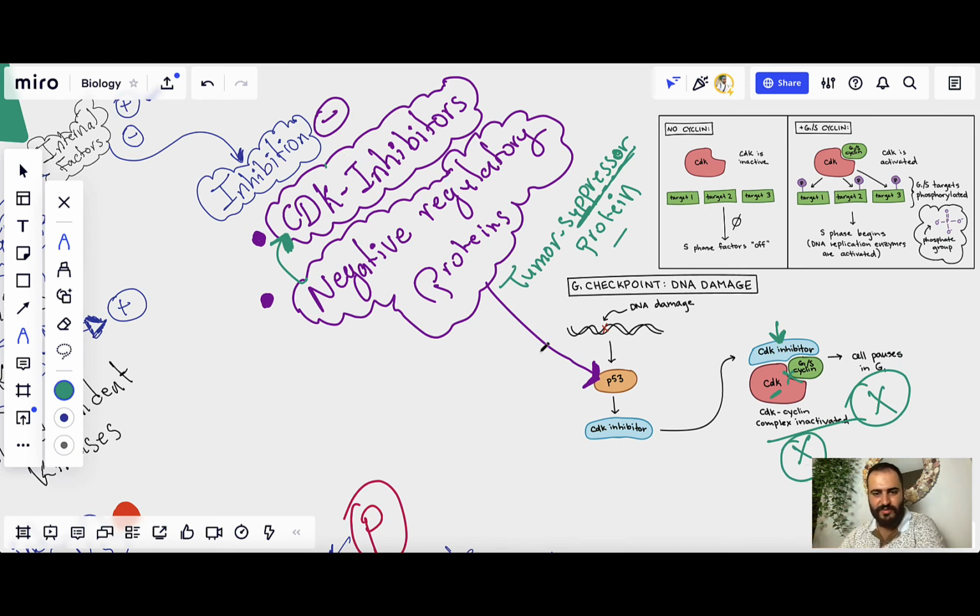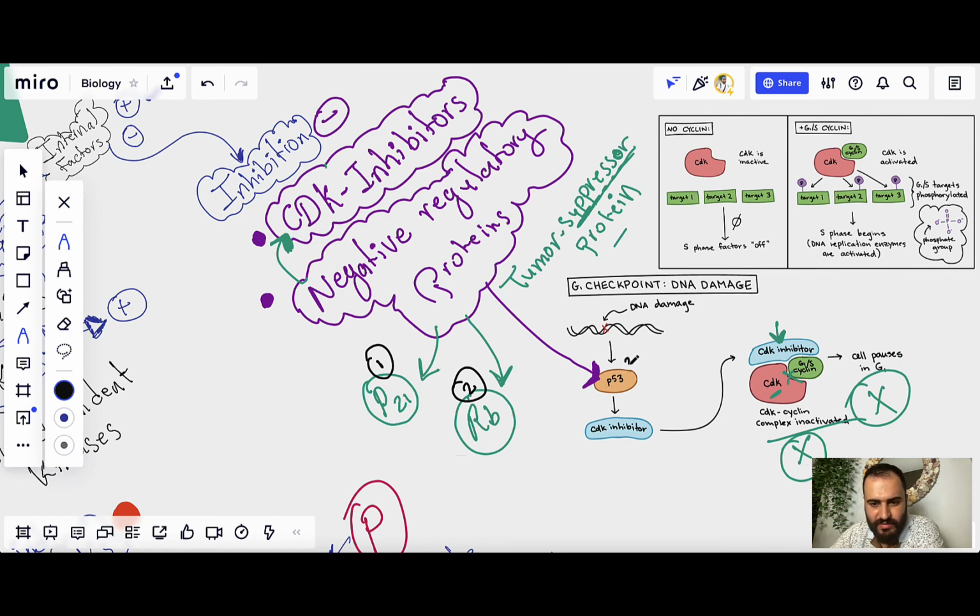There are three types of these proteins: P53, RB, which means retinoblastoma protein, and P21.